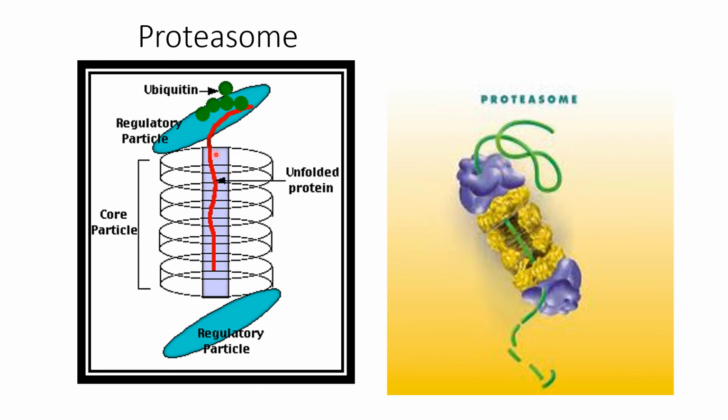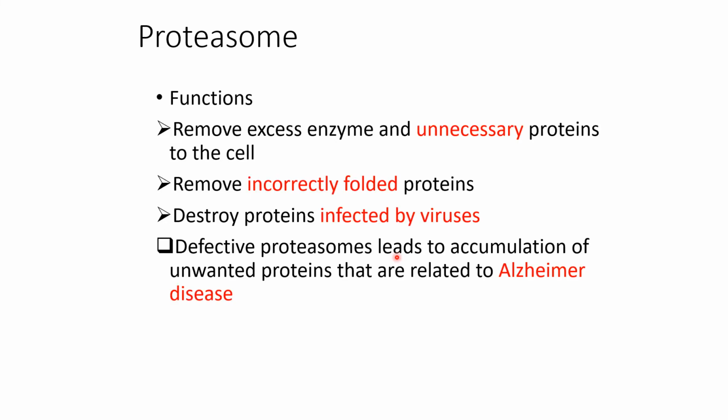When the unfolded protein enters inside the proteasome, it will be broken down into amino acids, and the regulatory particle will open, releasing amino acids to the cytoplasm for recycling, to produce normal proteins.